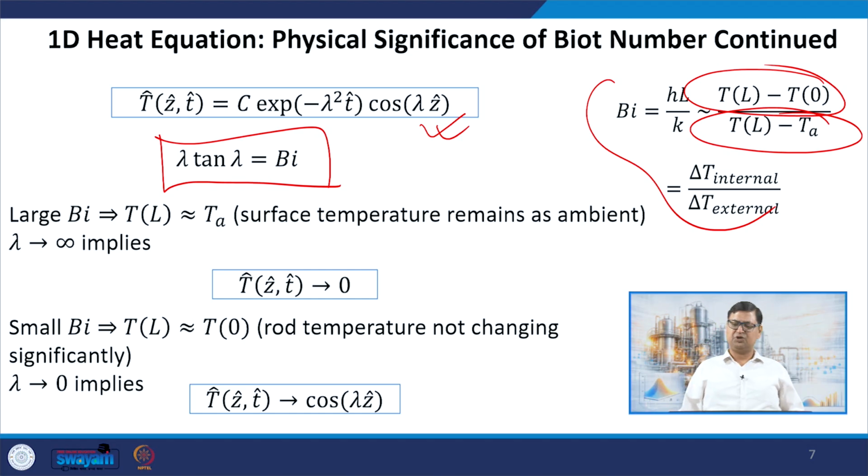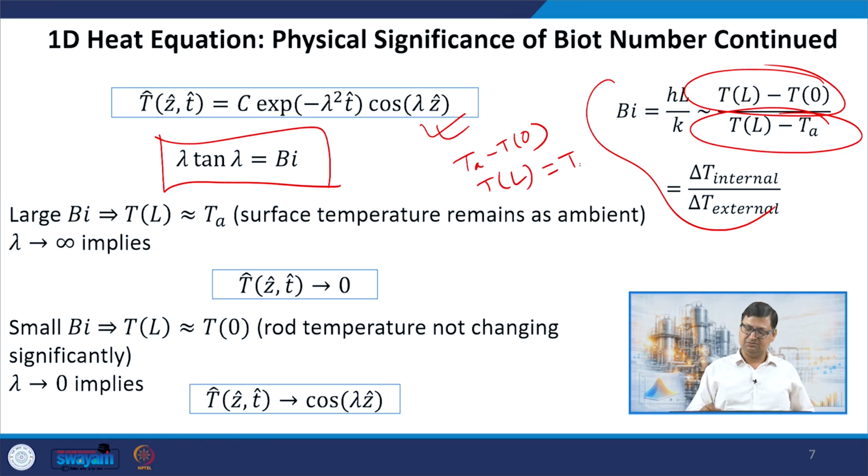What is the maximum possible value of the numerator? It is Ta minus T0, right? And the denominator will be smallest when my TL is equal to Ta, right?